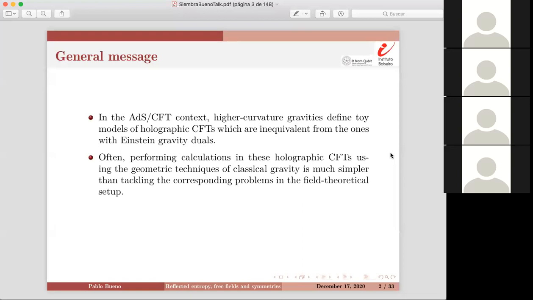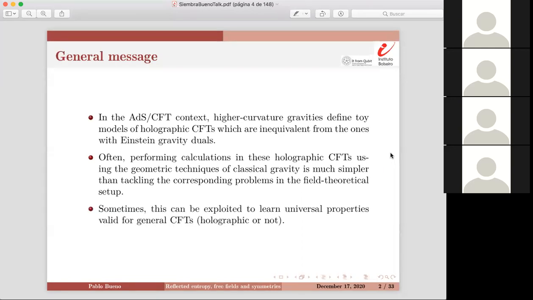And the nice thing about this is that very often you can perform explicit calculations in these models using the geometric tools of general relativity or its extensions. And this allows you to do calculations for conformal field theories which are much simpler than the ones that you need to do if you try to tackle the problems using field theoretical methods. And sometimes, not always, but sometimes, you can use this to learn universal properties which are valid for general CFTs, holographic or not.